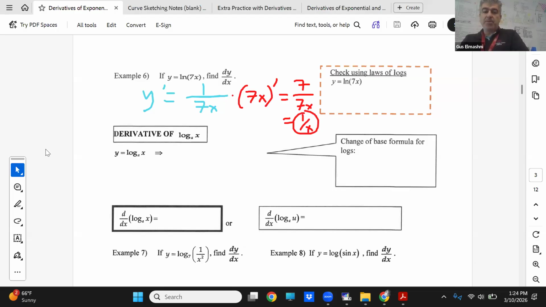Log properties, guys. You're getting a crash course in log properties right now. Do you remember log properties? This is the product property for logs, when you have two things being multiplied. And if you take a derivative, what's the derivative of a constant? Zero.